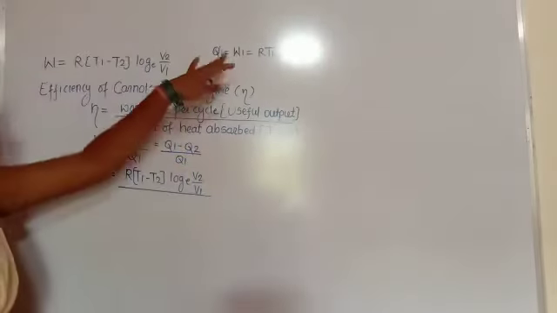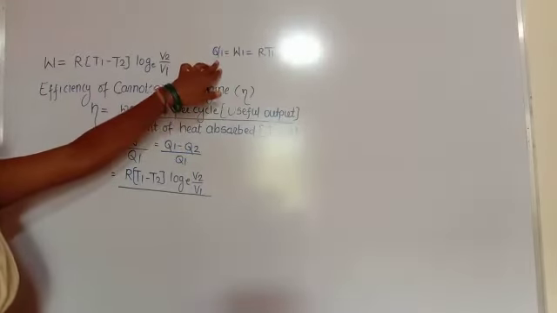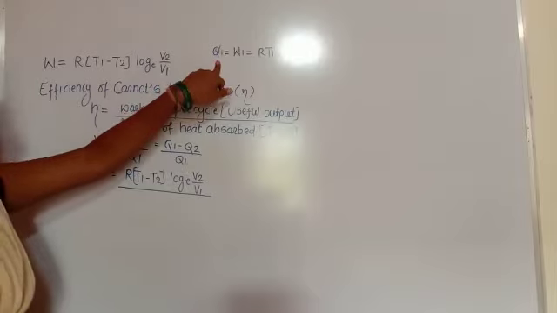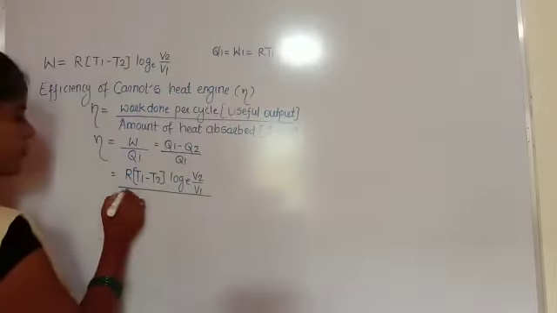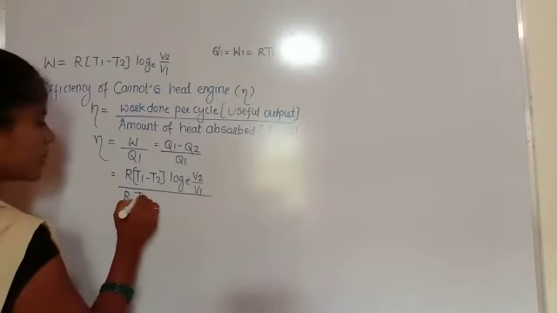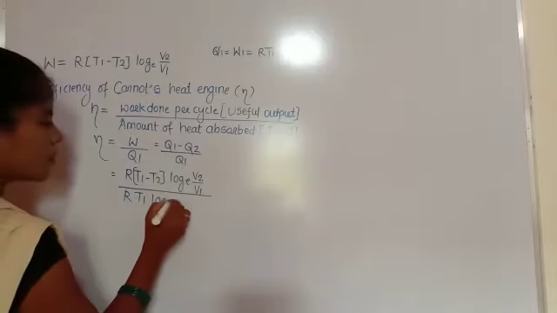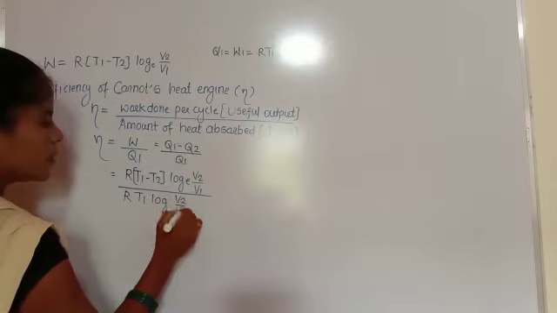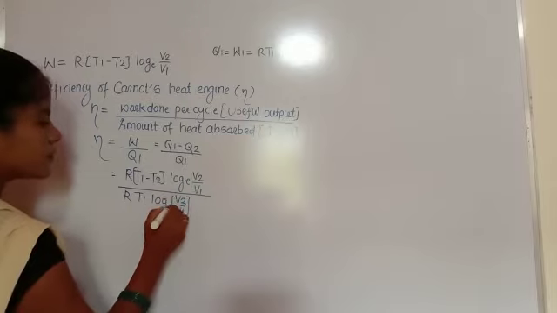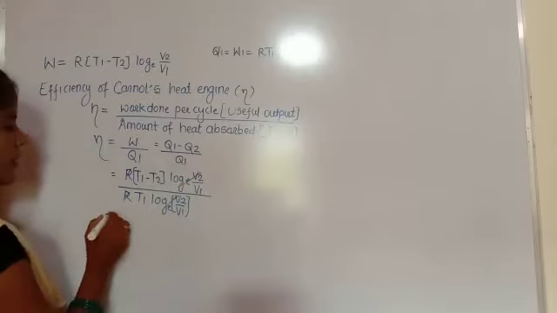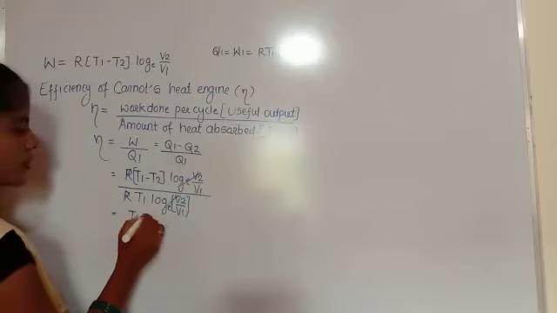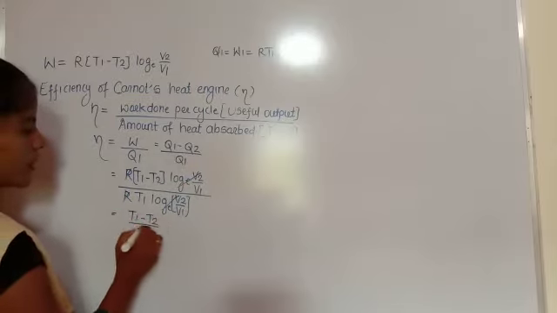Putting this value in the denominator, the common term R log_e (V2 by V1) cancels and we get the remaining term, (T1 minus T2) divided by T1.